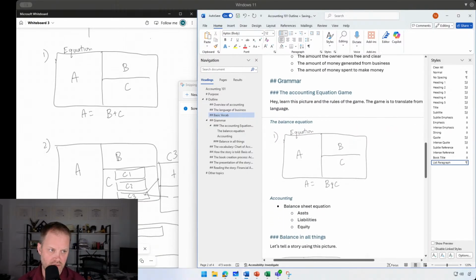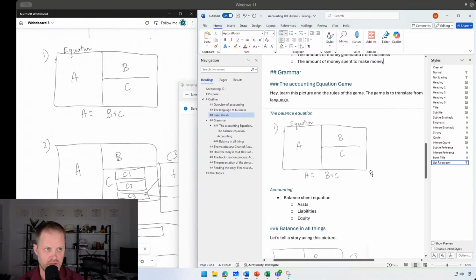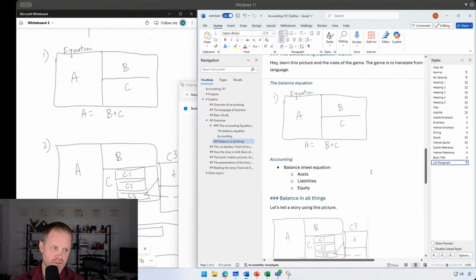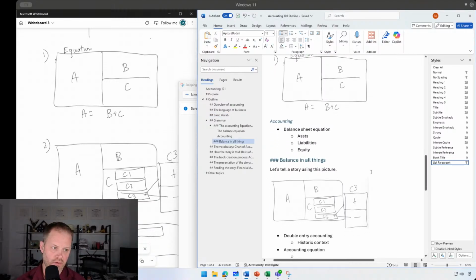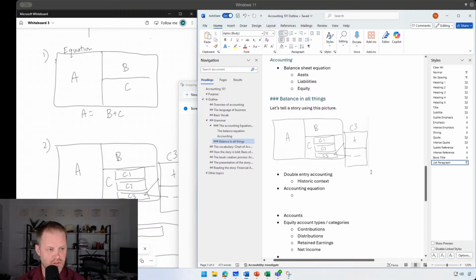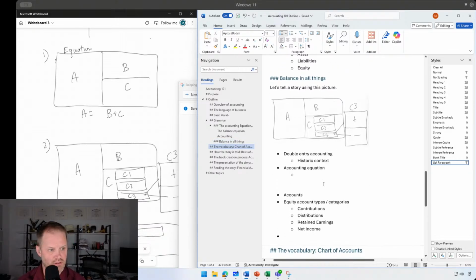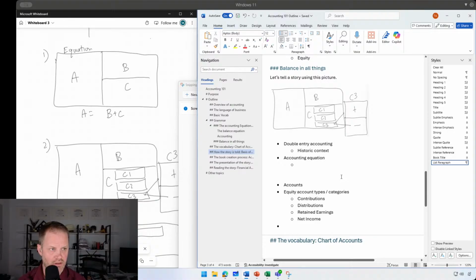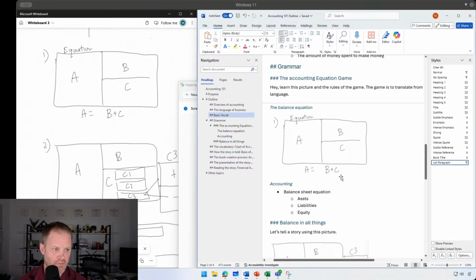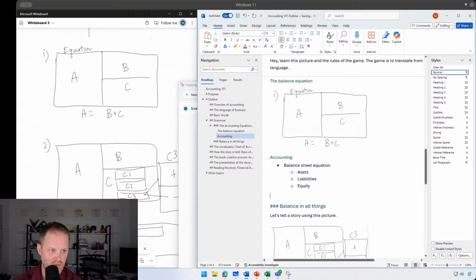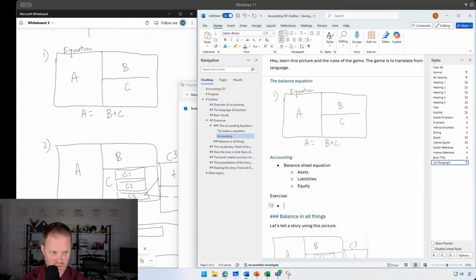So then we can say, okay, learn this picture. Here's the rules. And now let me tell you a story, or let me explain some things that happen, and you place the values from these examples into the boxes.